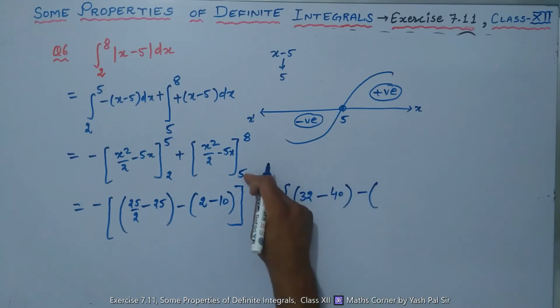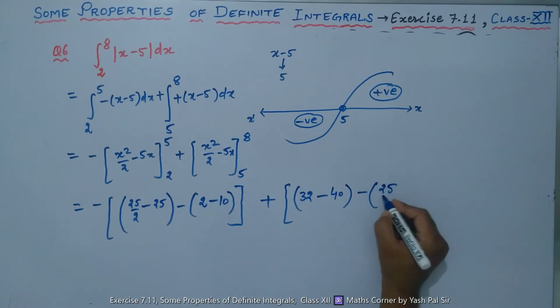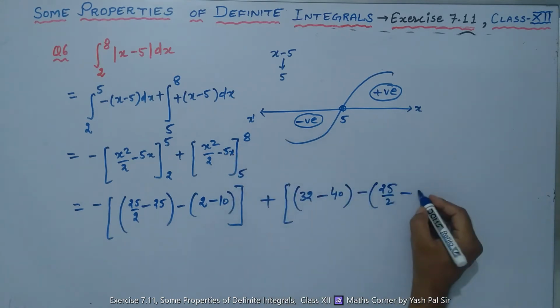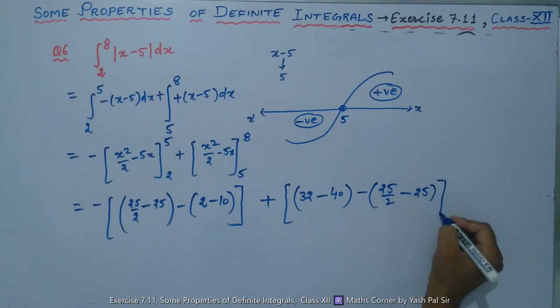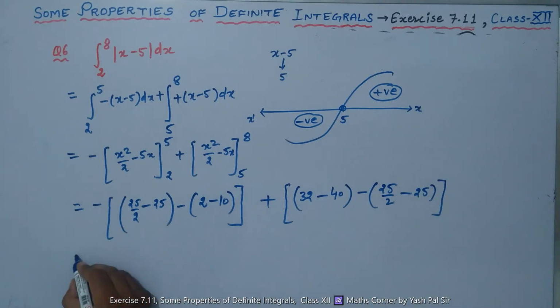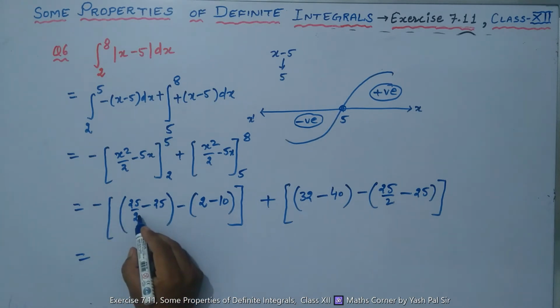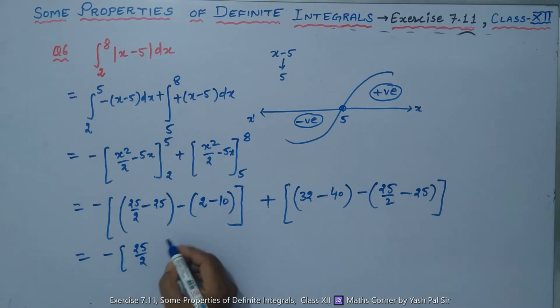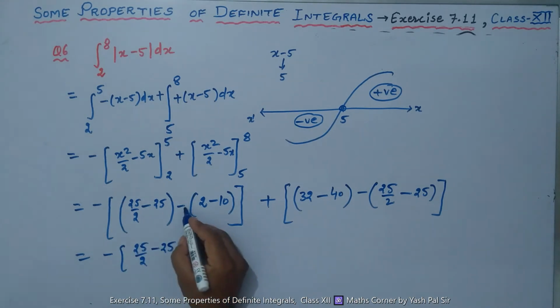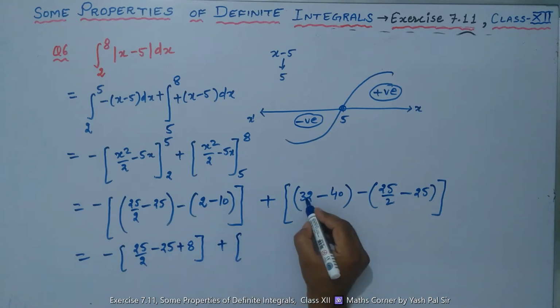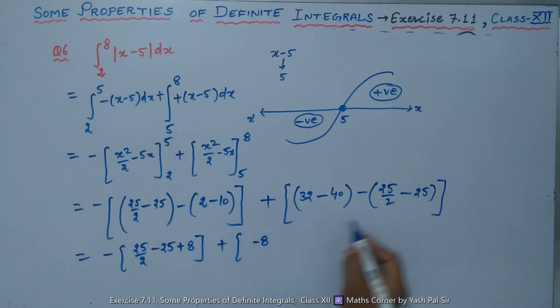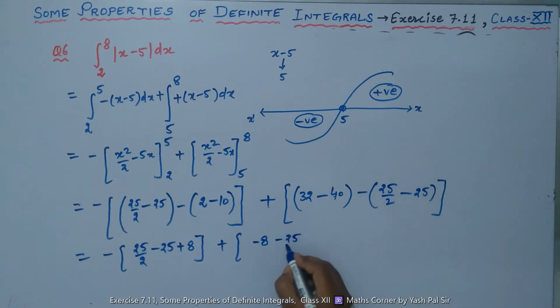Second bracket, 5 5s are 25 upon 2 minus 5 5s are 25. So this way we have minus outside 25 upon 2 minus 25 minus 8, this becomes plus 8. In the second bracket this is equal to minus 8 minus 25 upon 2 minus minus plus 25.